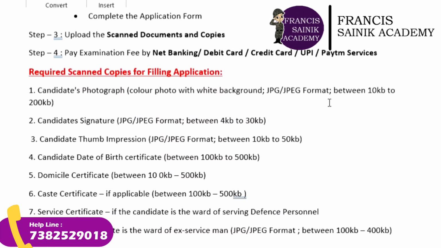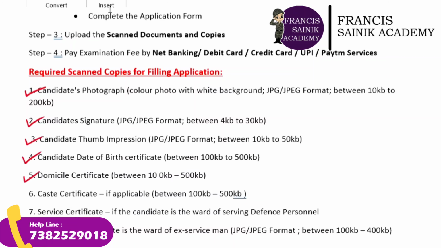Let us initially see what are the scanned copies required to be uploaded. The first one is the candidate's photograph. It should be a colored photo with white background. Second, candidate signature. Third, candidate thumb impression, left hand thumb. Fourth, candidate date of birth certificate.